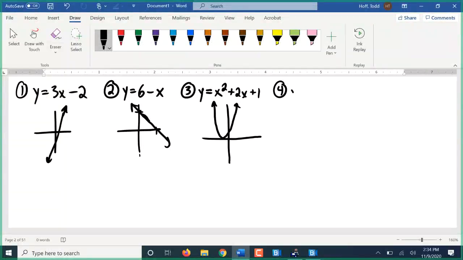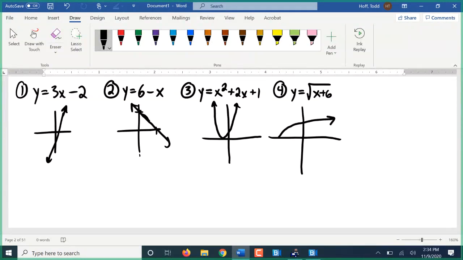Number 4 is actually a very tricky one. Y equals the square root of x plus 6. Let me try that again. Looks something like this.